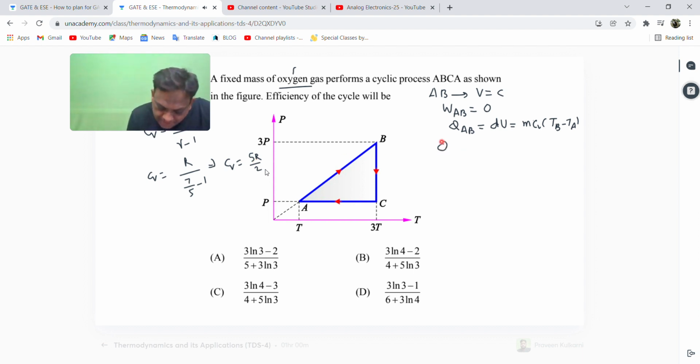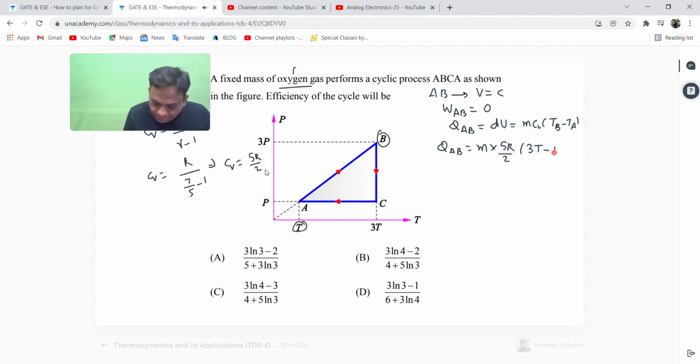Yes. So heat transfer in AB is equal to M times CV, which is 5R by 2, times TB minus TA. Can anyone tell what is the temperature at B? 3T. What is the temperature at A?